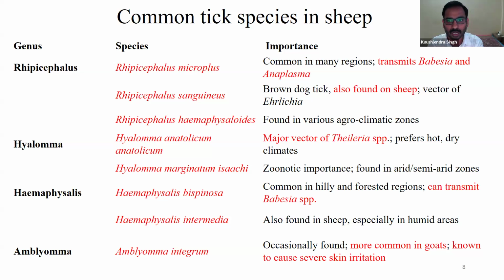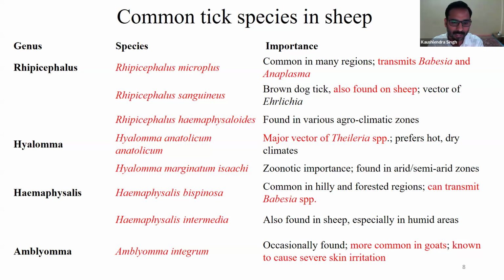Rhipicephalus sanguineus, found in sheep and goat, transmits Ehrlichia. Rhipicephalus haemaphysaloides also transmits diseases. Come to Hyalomma anatolicum. Anatolicum is the major vector of Theileria species. Hyalomma marginatum is commonly found in goat and is also of zoonotic importance.